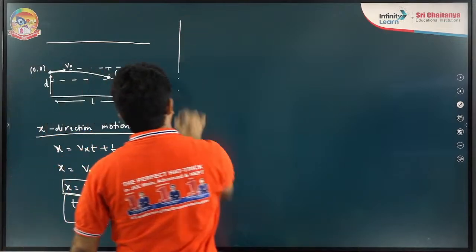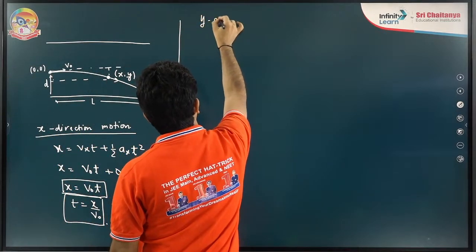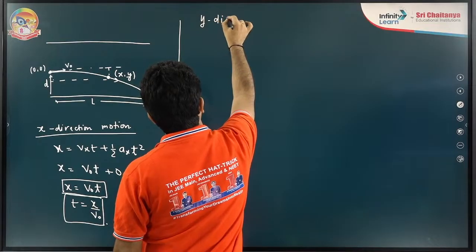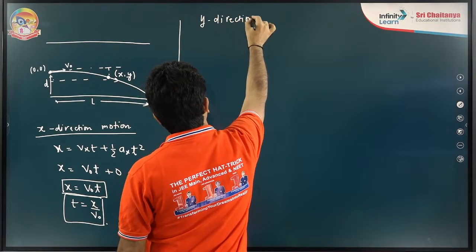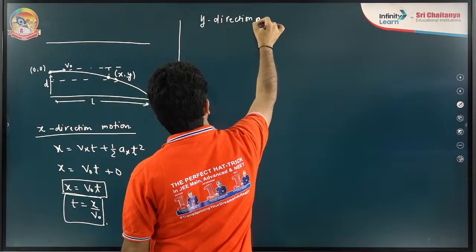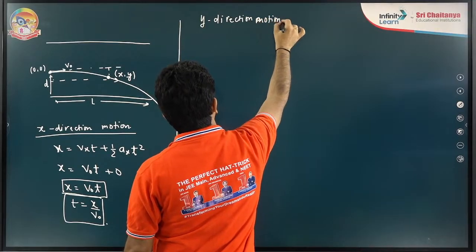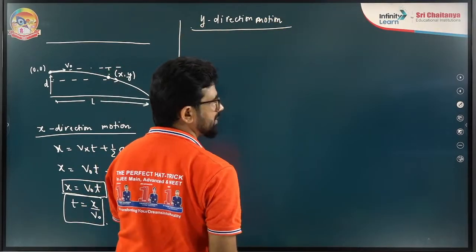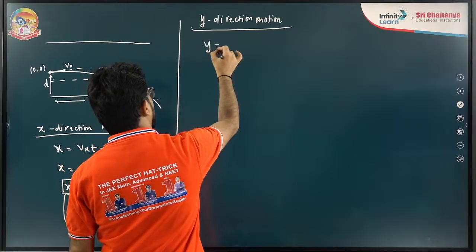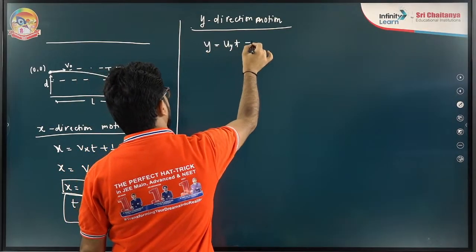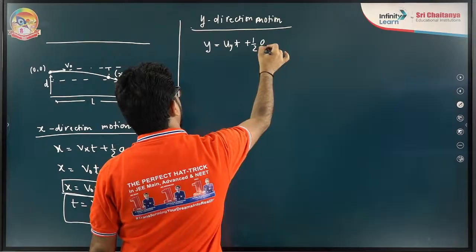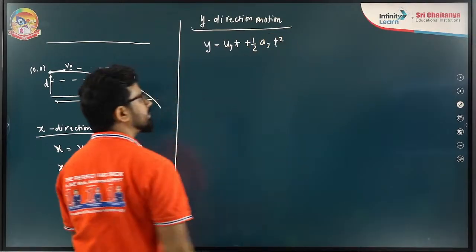Now, similarly, we can write for y direction motion. In y direction motion, y equal to uy t plus half of ay into t square.